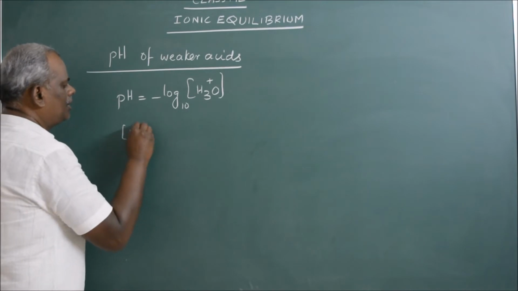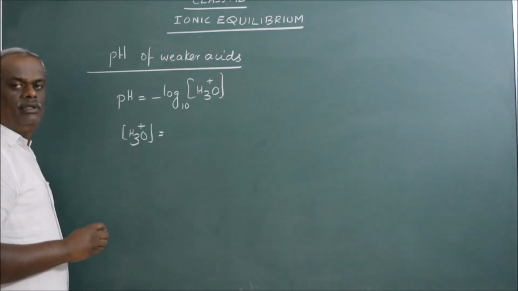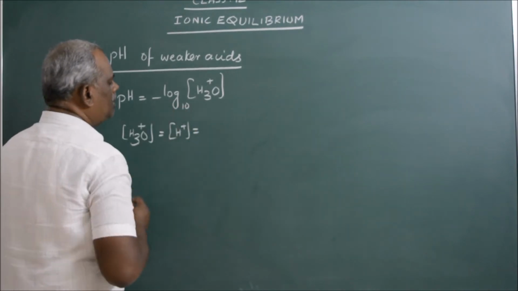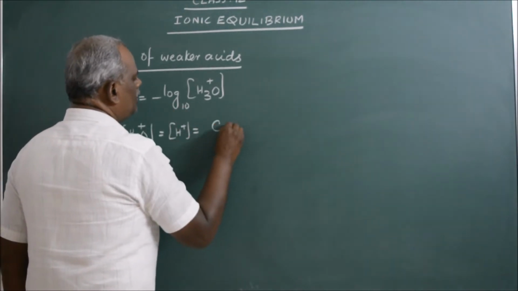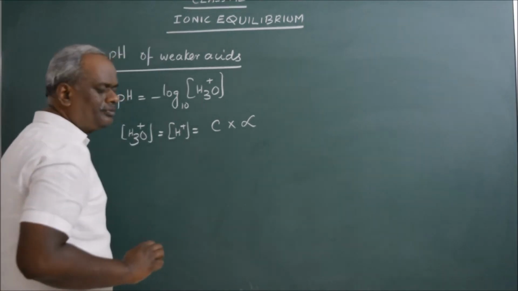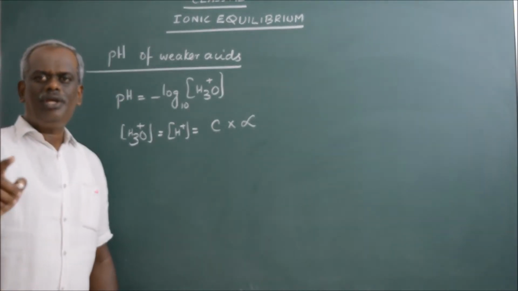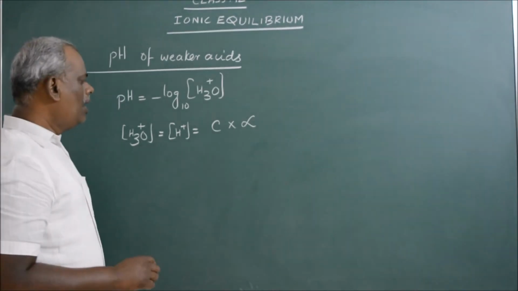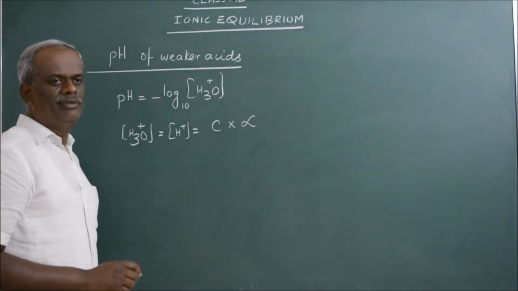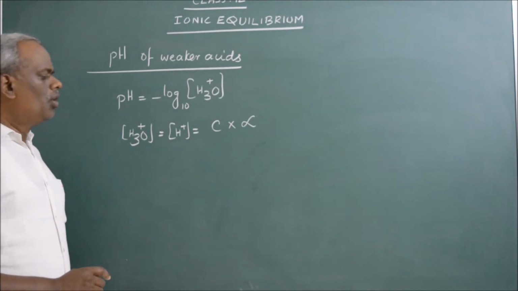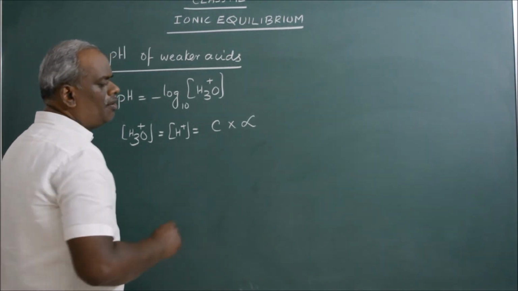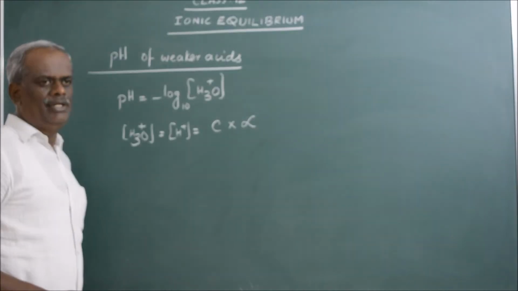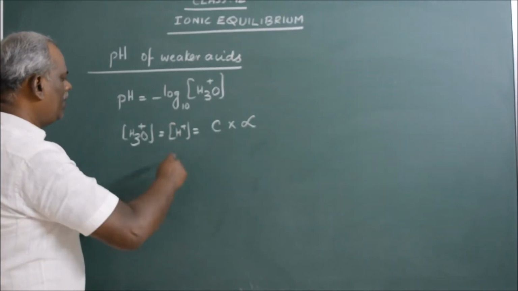The hydronium ion concentration, H3O plus, that is really equal to the hydrogen ion concentration, that is equal to C into alpha, where C is the concentration of the given weaker acid and alpha is the degree of dissociation. So if you know the concentration and the degree of dissociation, you can calculate the hydrogen ion concentration. This is one way.